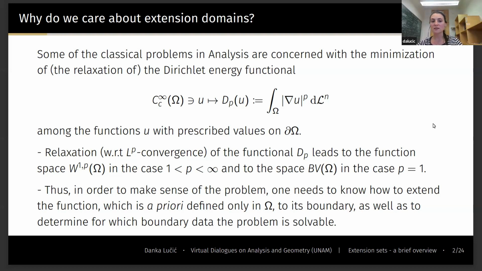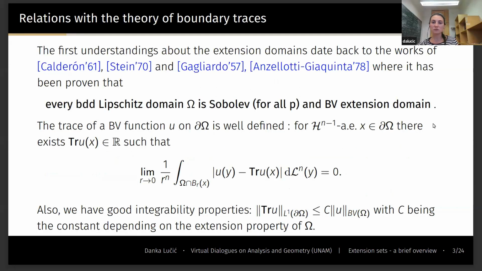So in order to make sense of such a problem, one needs to know how to extend the function, which is a priori defined only in Ω, to its boundary, and also to determine for which boundary data this problem is solvable. Somehow this is one of the many motivations to study extension sets. In a moment we will see also how this is related to the extension itself.